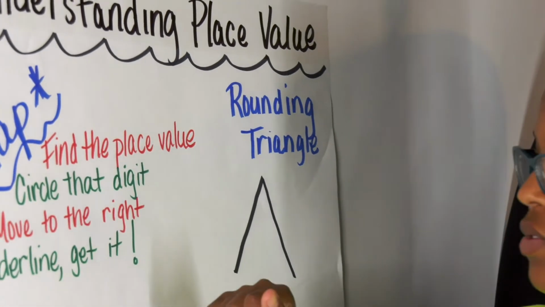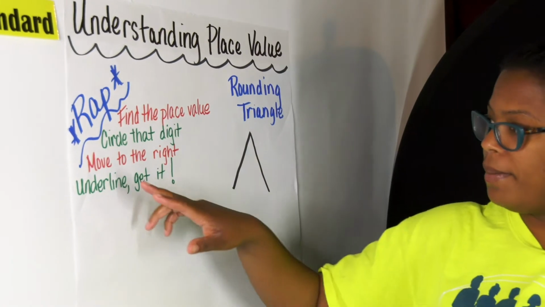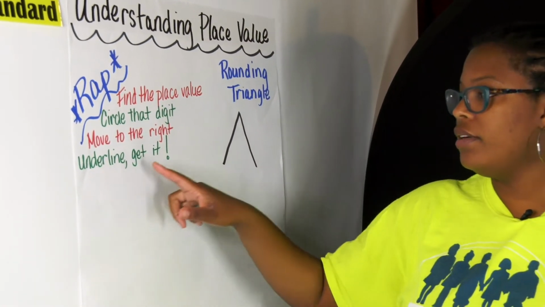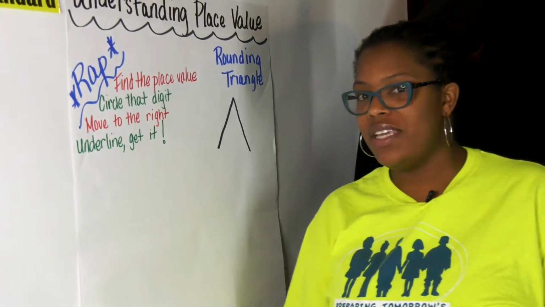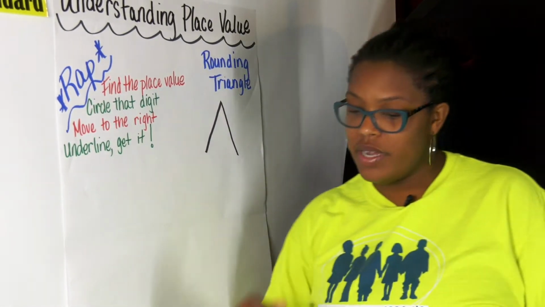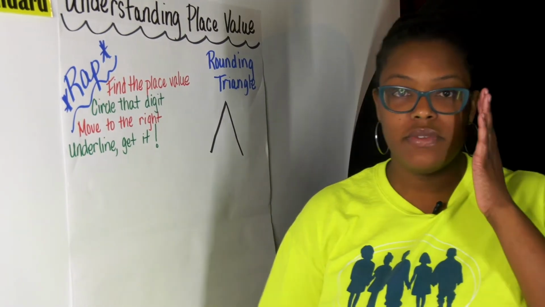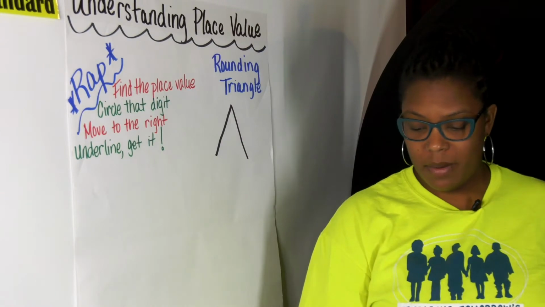So the rap goes: find the place value, circle that digit, move to the right, underline, get it. Eventually, once we keep doing it, you'll get it. And then we are going to shift and learn about the rounding triangle to help us with our place values.